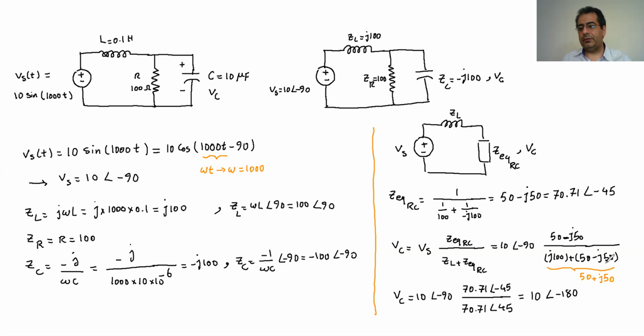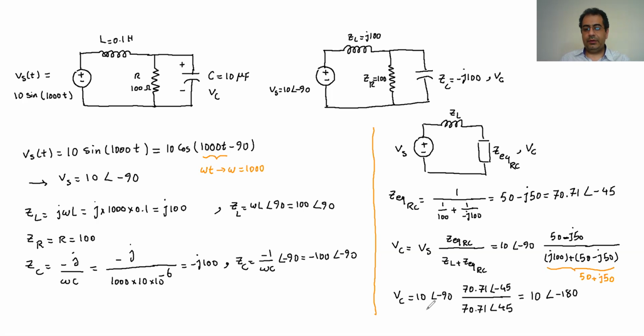But remember, whenever you want to add or subtract, it's easier to add or subtract complex numbers when they are in the rectangular format. When we want to divide and multiply them, it's easier when they are in the polar format. When we are dividing, divide the magnitude, subtract the angle. If you are multiplying, multiply the magnitude, add the angle together.